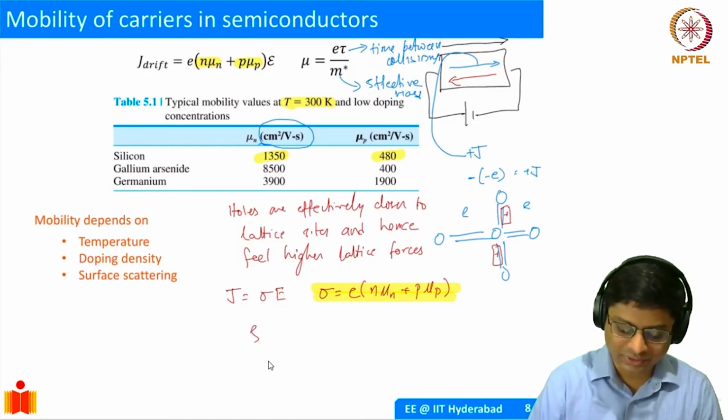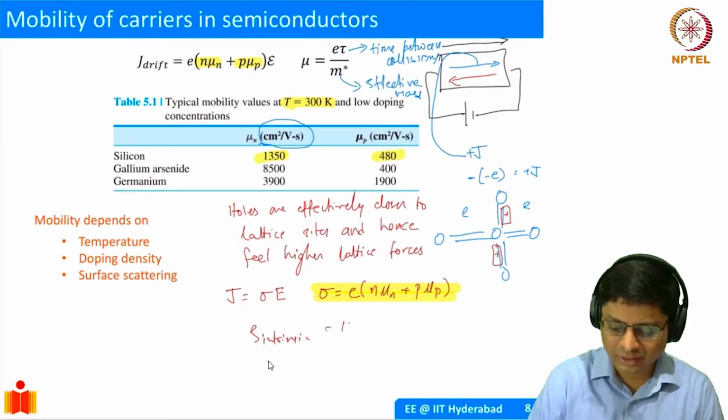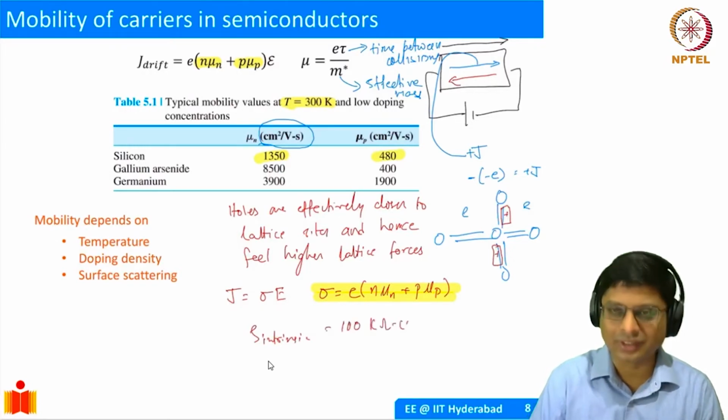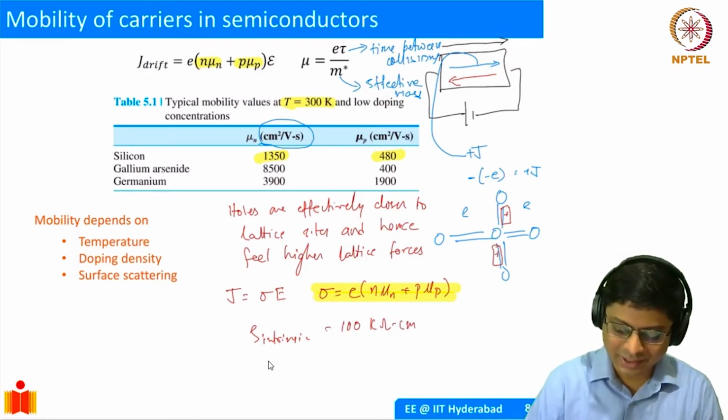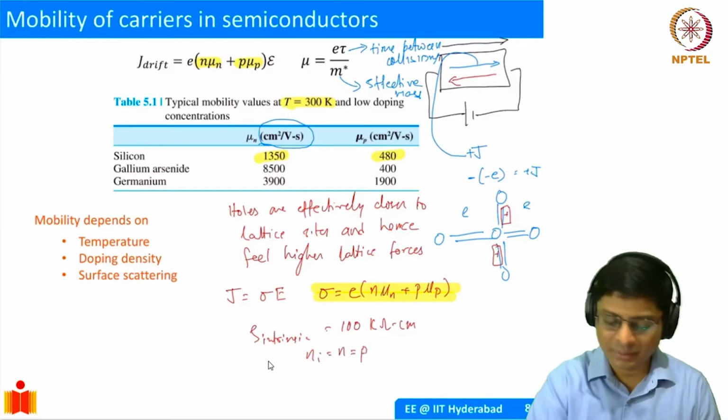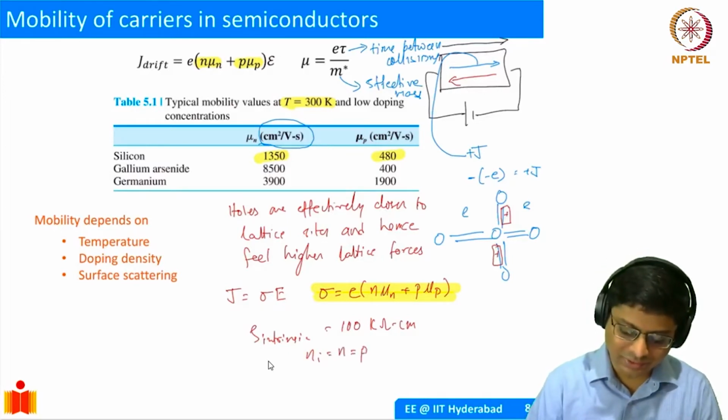Rho intrinsic for silicon, I said, will be hundreds of kilo ohm centimeter. Verify how much it is. For an intrinsic semiconductor, Ni equals N equals P, and you have the mobilities here. To calculate resistivity, resistivity is 1 by sigma.